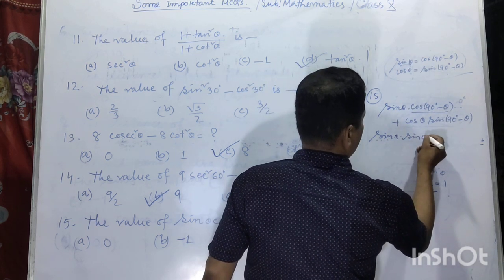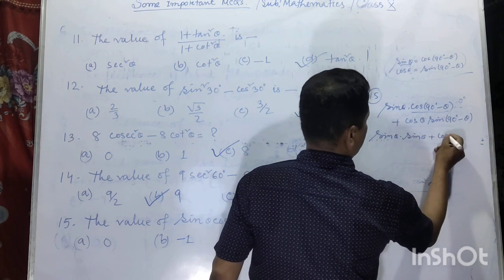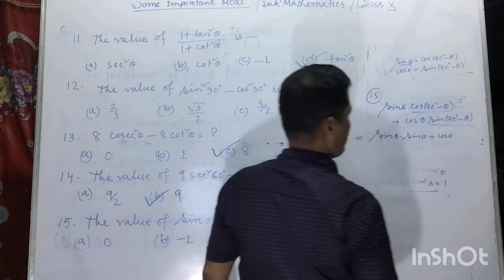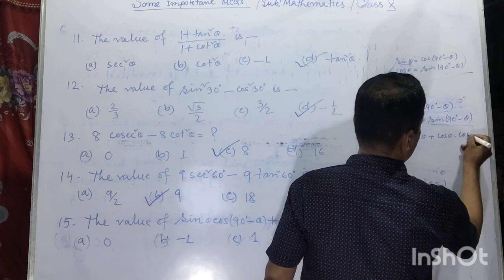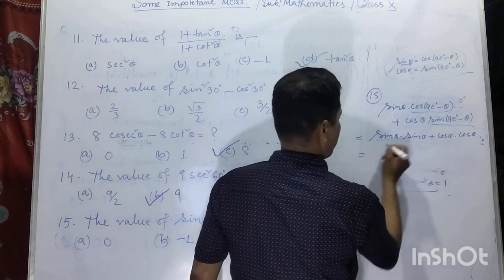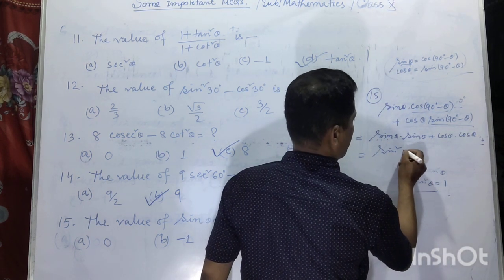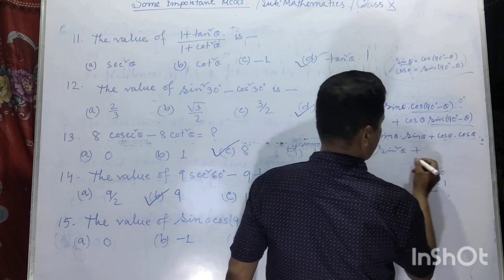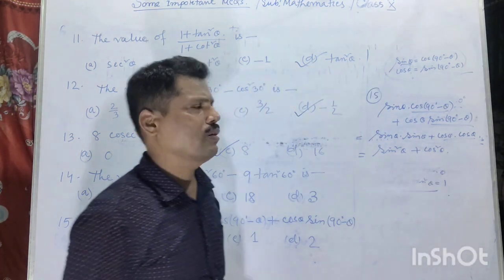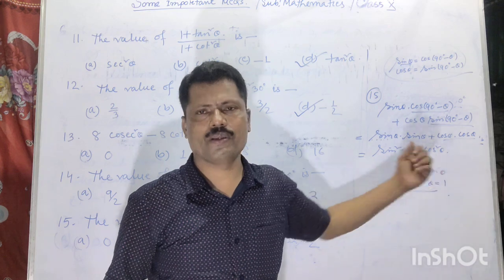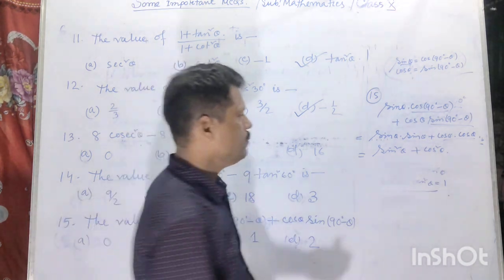Sin theta plus cos theta, and this part sin 90 degree minus theta means we can write here cos theta. So sin theta into sin theta means sin square theta, and cos theta into cos theta means cos square theta. So we know this basic formula: sin square theta plus cos square theta is equal to 1.